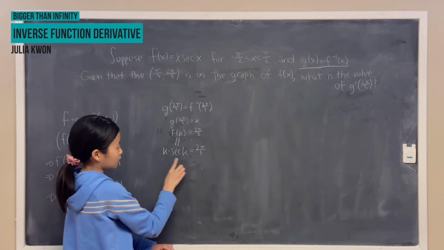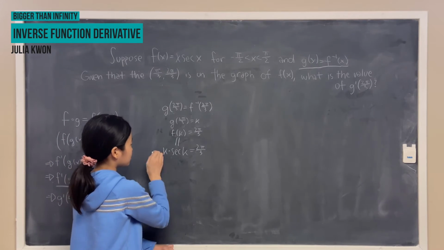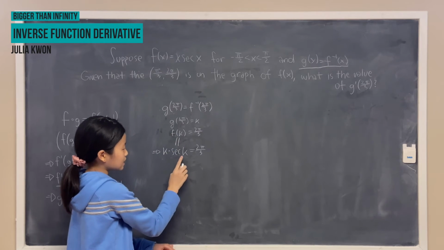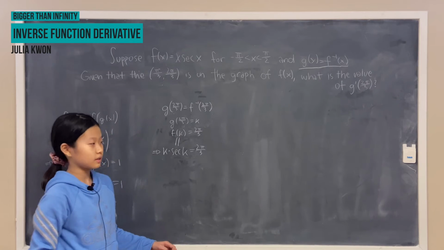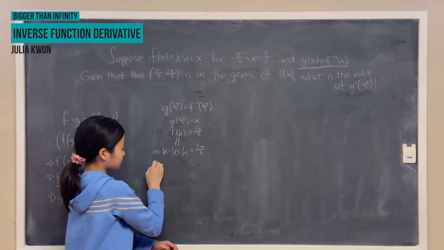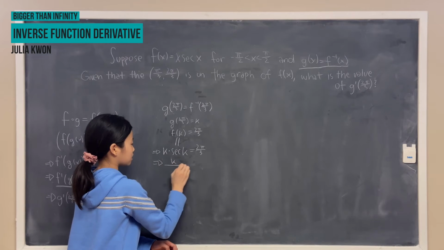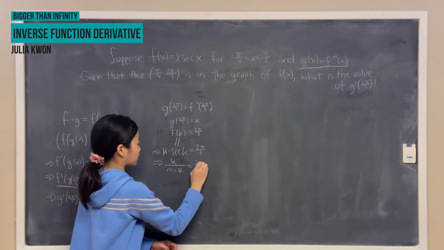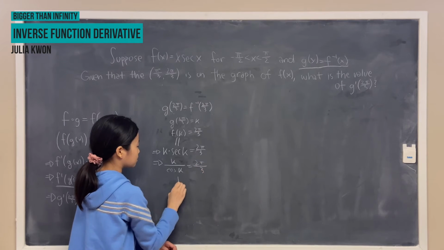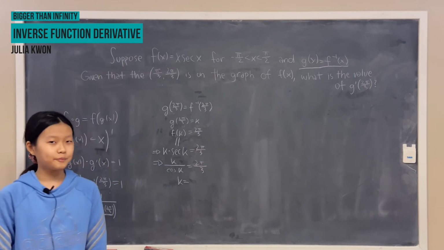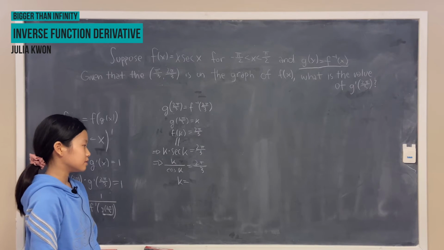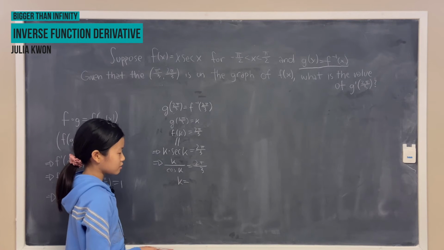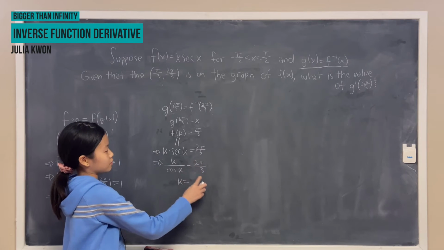Now we're going to have to solve for k, and the way we're going to do that is by changing the secant k into 1 over cosine k, because those two are the same. So then we would get k over cosine k equals 2 pi over 3. So now how can we solve for k? Well, we can just put in random radians from the unit circle and see if we get 2 pi over 3.